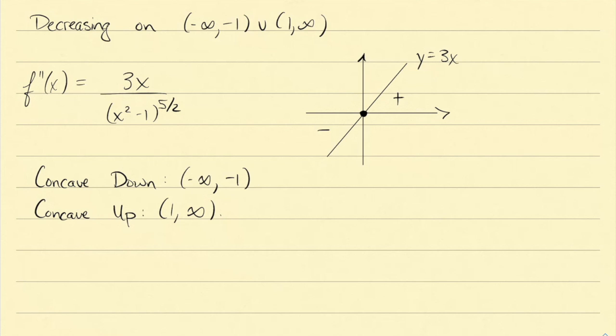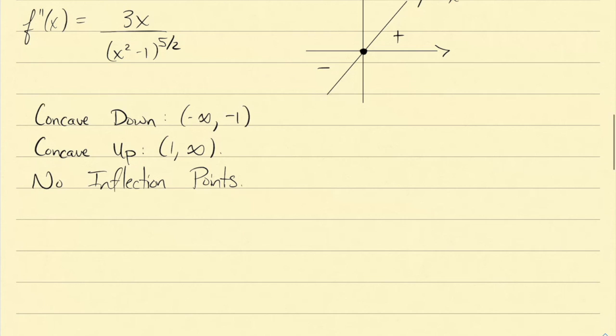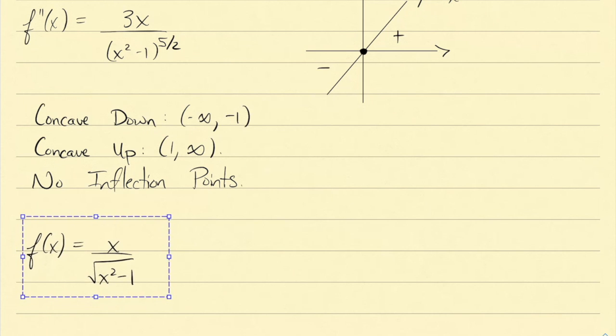The reason for this is our concavity will actually change around our two asymptotes rather than at a point where the function is defined. The last piece of information that we need in order to be able to sketch our function is the limits at infinity, whether or not there are any horizontal asymptotes. That's our last piece. For that, we're going to grab our function once more.